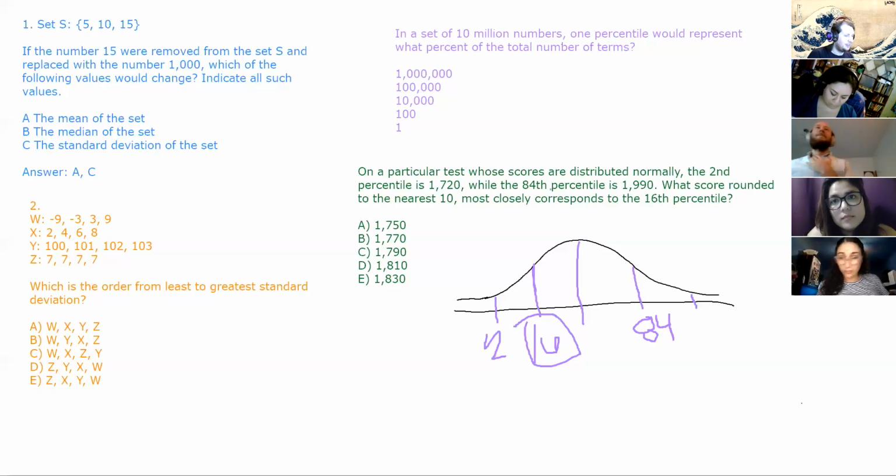Excuse me, the 84th percentile is a standard deviation away from the mean. So if the pink line in the middle is your 50%, 84% is one standard deviation above that, and 16 is one standard deviation below that.